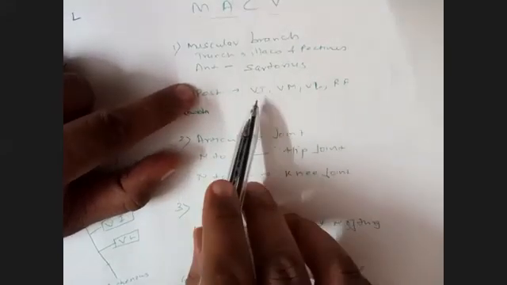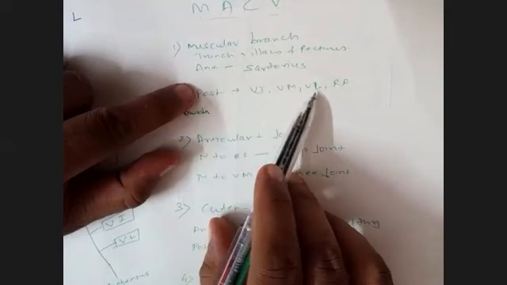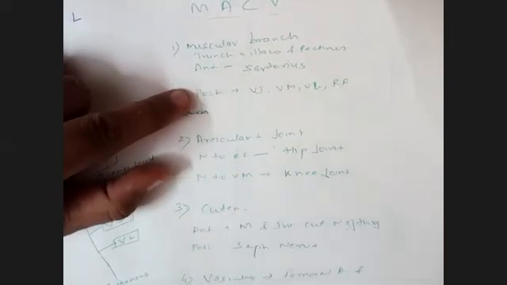Branches of the femoral nerve, and of any nerve, we have the formula MAC-V: muscular branches, articular branches supplying the joint, cutaneous branches supplying the skin, vascular branches supplying the vessels. Muscular branches: anterior was supplying sartorius, posterior was supplying 4 muscles below the sartorius, vastus intermedius, vastus medialis, vastus lateralis, and rectus femoris.